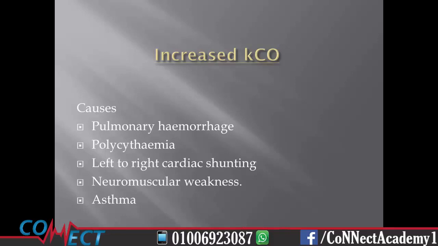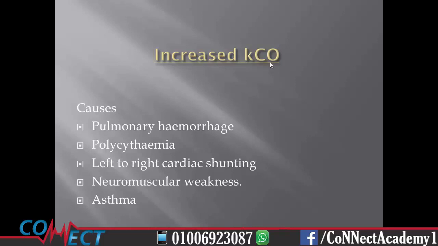What I mean is that a patient with kyphoscoliosis or with neuromuscular junction disorder will have a restrictive pattern, and as a result it will affect the diffusion capacity. But the alveolo-capillary membrane is not affected in this condition.